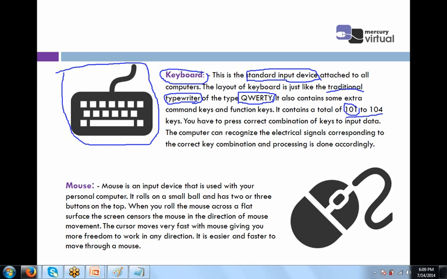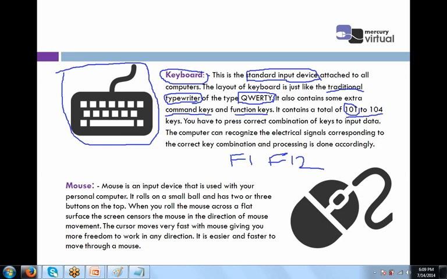It also contains some extra command keys and function keys. Basically command keys include alt, tab, special keys, and function keys F1 to F12, which are at the top of the keyboard panel. It starts at F1 and ends at F12.